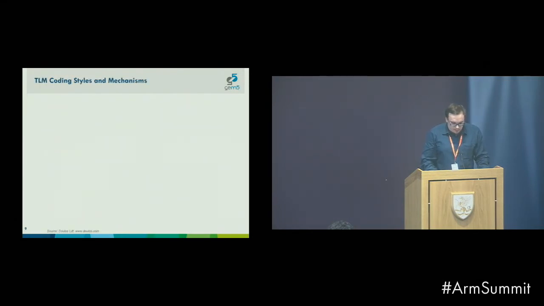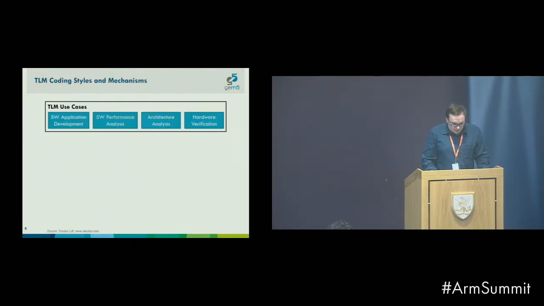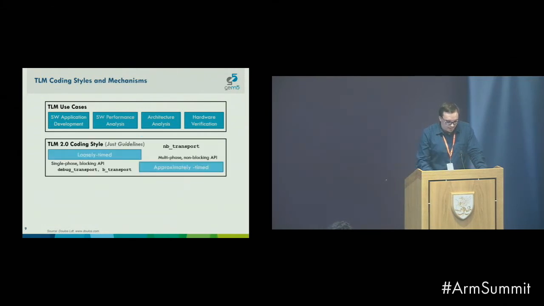Just to give you a brief idea of what TLM is, there are several use cases. You can model platforms with TLM that are just for software development or software performance analysis. That's what you see on the left side. Then we have architecture analysis and hardware verification. This is more for the hardware guys. Therefore you have basically two coding styles.